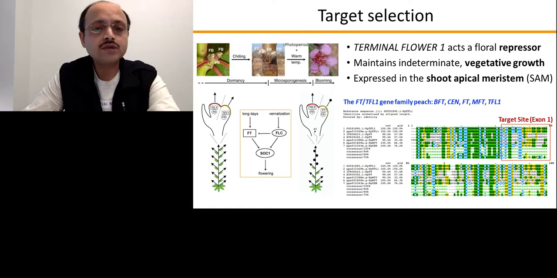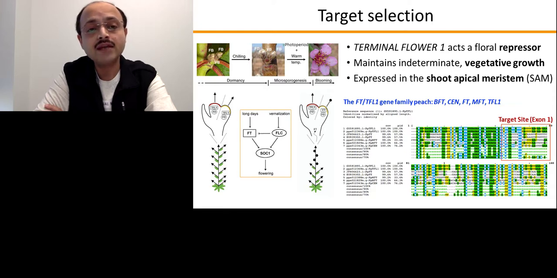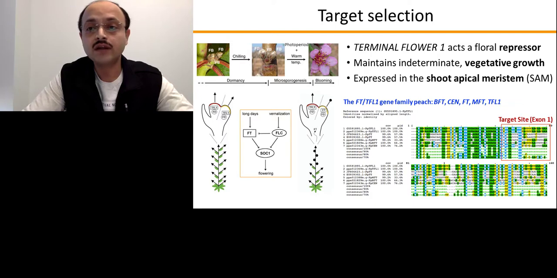To deliver these genome editing reagents, we actually selected a trait. As Chris mentioned, we thought we could try to reduce the duration of breeding, and that is, as has been mentioned earlier, fast track breeding. For flowering, plants receive multiple cues from the environment, such as temperature and light. These cues are received by genes known as floral integrators.